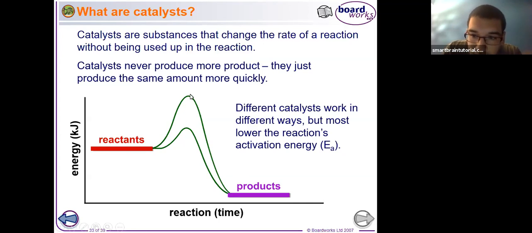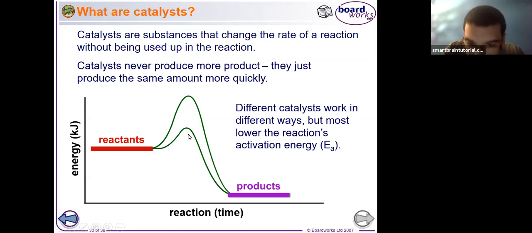represent the activation energy. Because activation energy is the amount of energy that reactants, the particles of reactants, must absorb. So reactants absorb energy. This energy is called activation energy. So this curve represents activation energy.